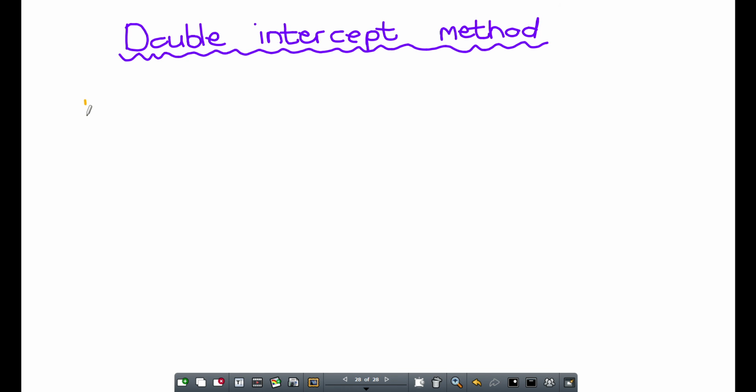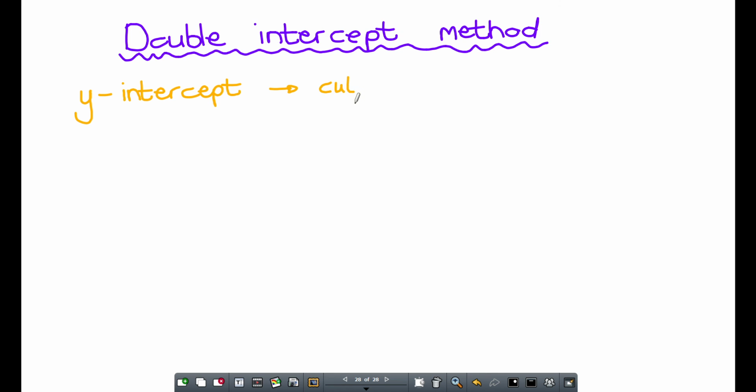So if it cuts, or wait, let me change the wording, sorry. We talk about the y-intercept. What does that mean?